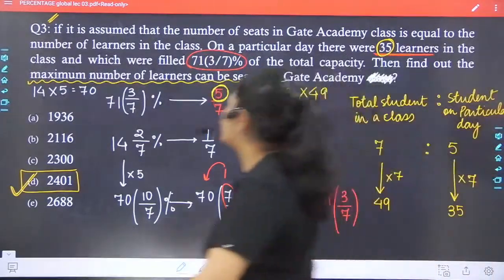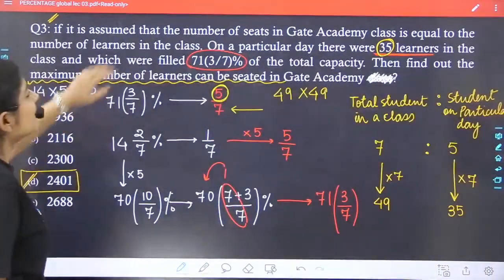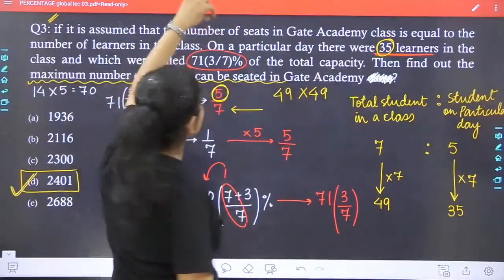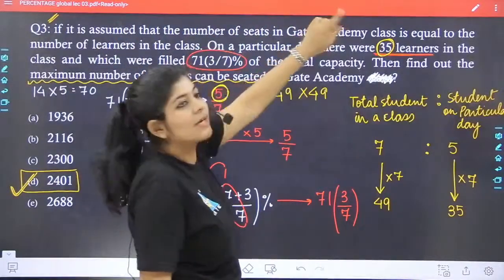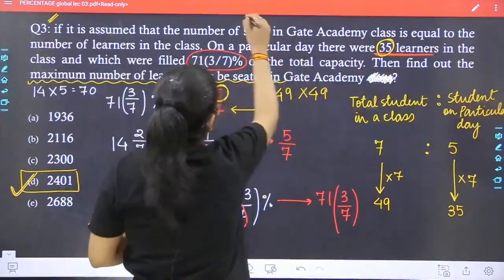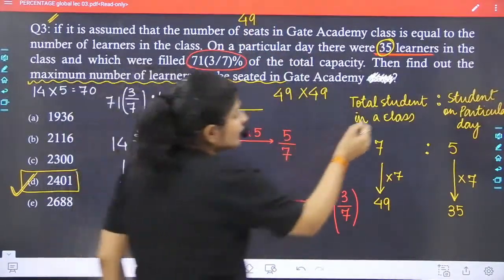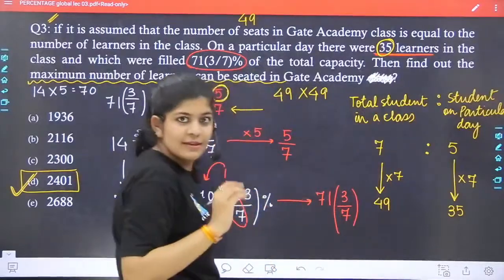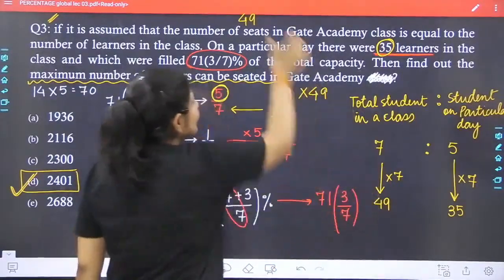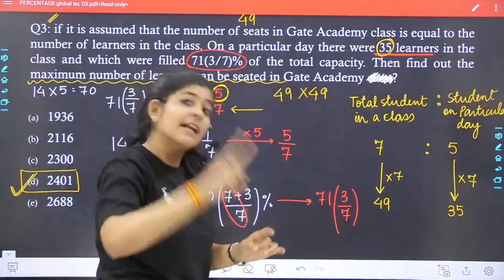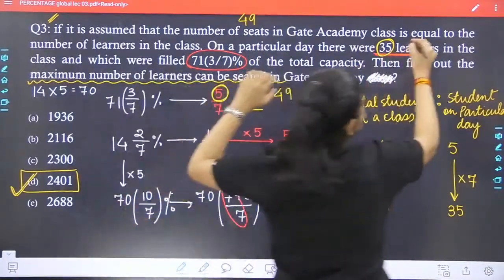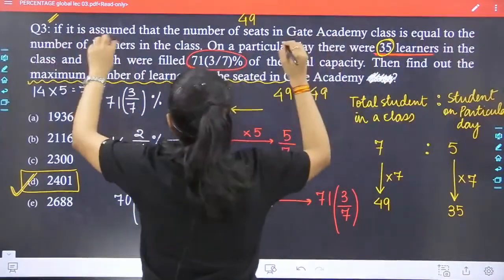Why 49 into 49, Sham? It is given that in a single class of GATE Academy there are 49 seats, right? Because we calculated the total number of students in a class. There are 49 students, that means there are 49 seats in a single class, and it is equal to the number of learners in a class.